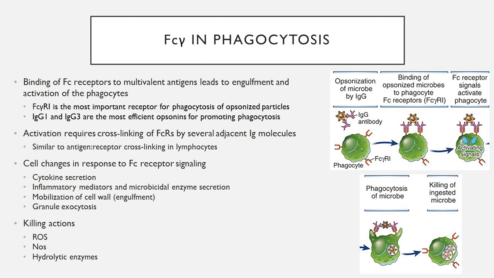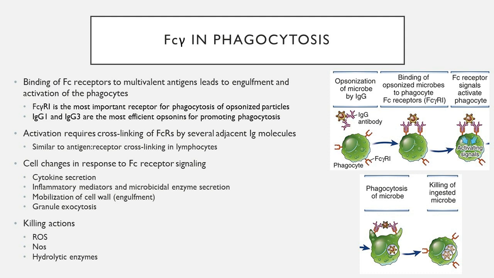The binding in any of these receptors in general can produce a number of different changes. First of all, there's the secretion of cytokines that help activate neighboring and adjacent cells. There's the release of inflammatory mediators and microbial enzyme secretions that act on the extracellular space. There's the general mobilization of the cell wall, in which we think of engulfment and endocytosis and phagocytosis. And then there's also the release of granules. So again, thinking of mast cells and eosinophils, the release of their granules to the extracellular space.